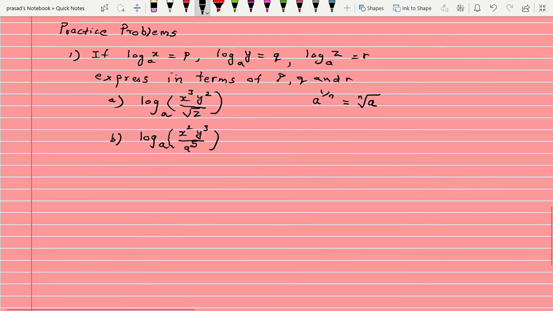Okay, now second problem for practice, write as a single logarithm.